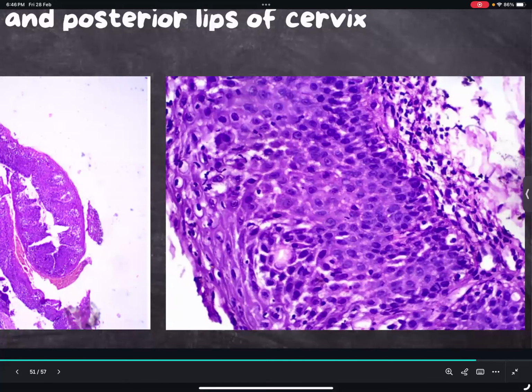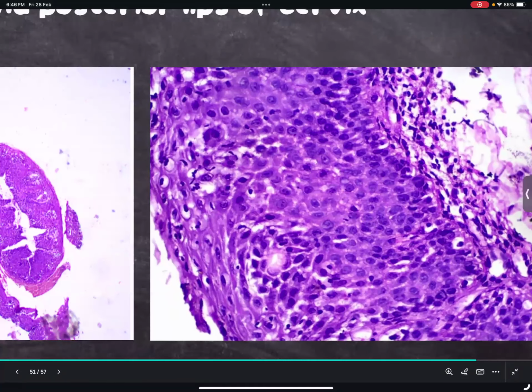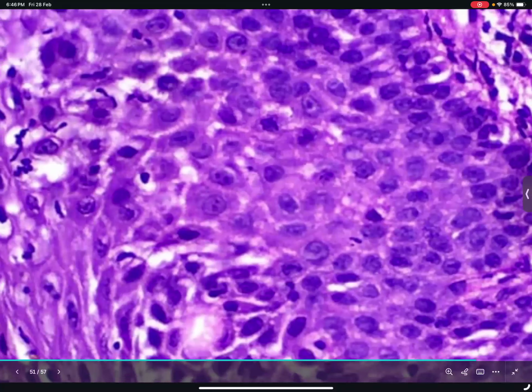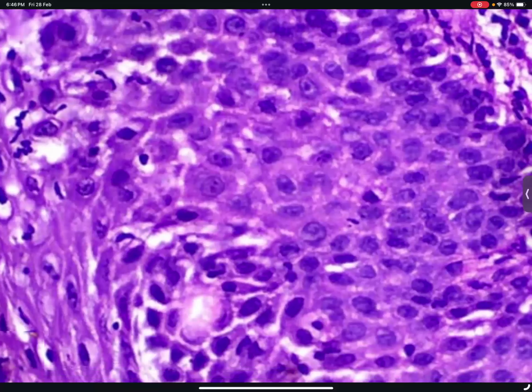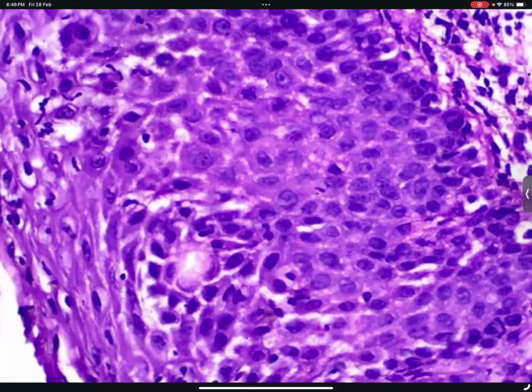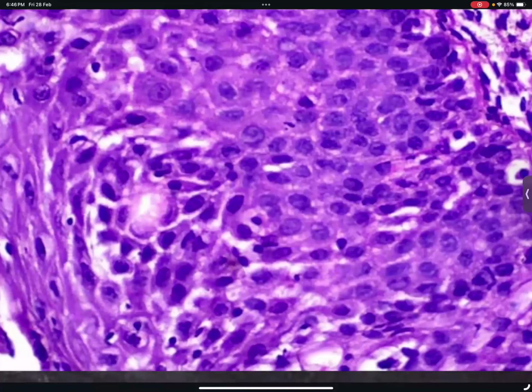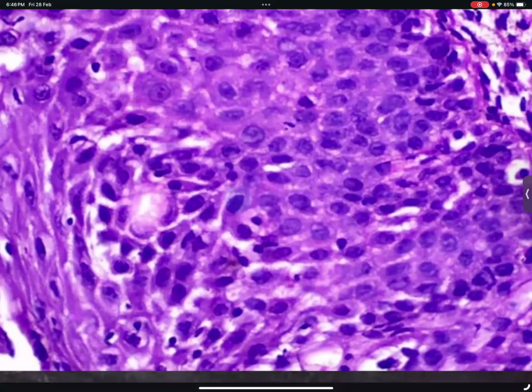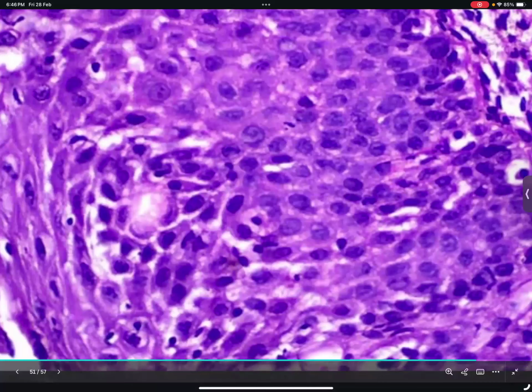Only less than two thirds of the area is involved. You can see some cells showing increased nucleocytoplasmic ratio and hyperchromasia, nuclear pleomorphism. These dark blue cells are the hyperchromatic cells.